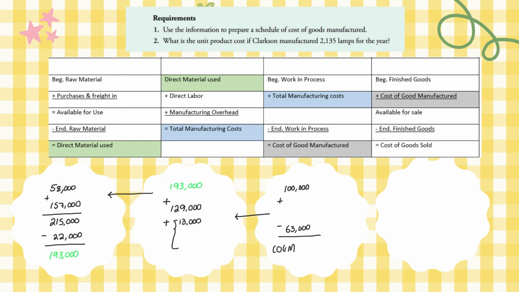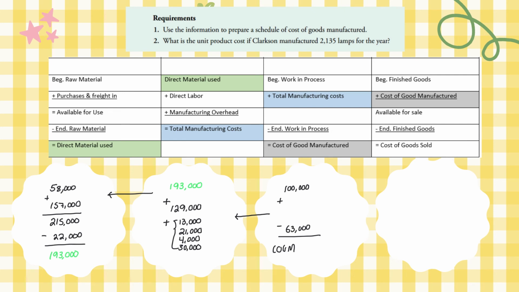Then insurance on plant, 21,000. Then repairs and maintenance, plant, 4,000. Indirect labor, 30,000. So this is manufacturing overhead, and you need to write the titles.